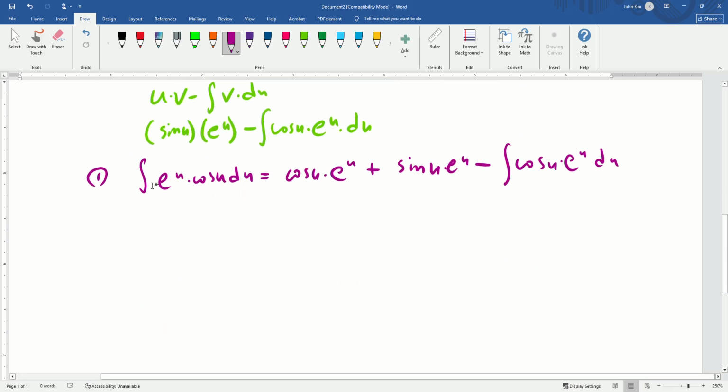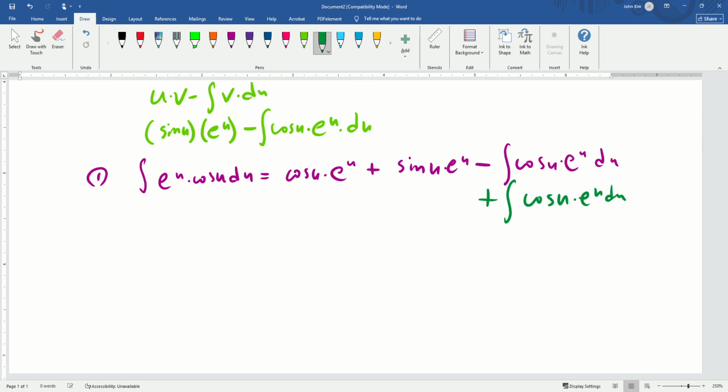Okay, so how do we solve for this? Well, this looks just like this one over here, right? So we're going to add integral of cosine of u times e to the u du to both sides. These are the same terms, and that gets rid of this on the right side.